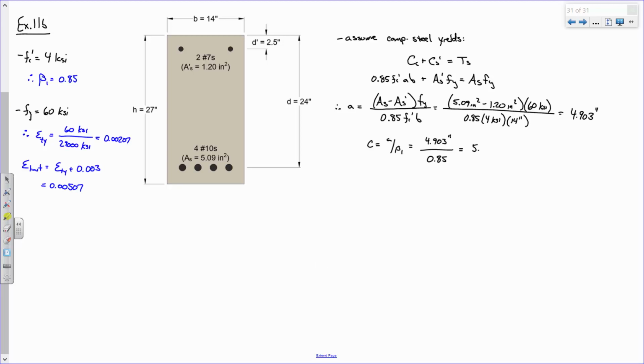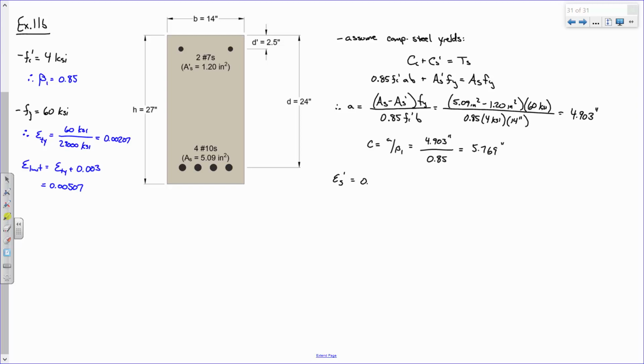There we go. 5.7. I think it was like 6.9. Yeah. And I assume I got 7 on it. Okay. So the next thing I'm going to do, now I'm going to compute the strain in the upper layer of steel. So that's the epsilon sub S prime.